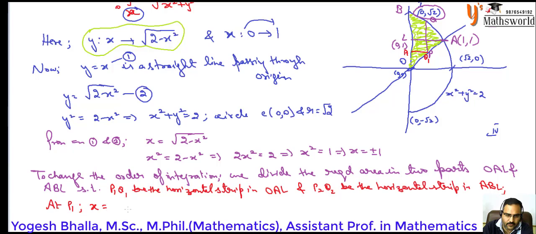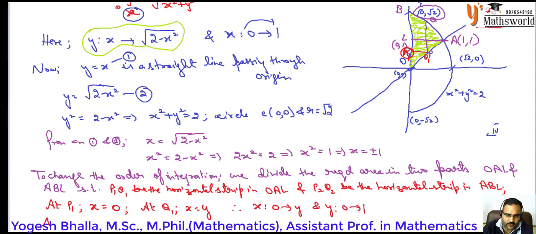Since P1 is lying on the y-axis, at point P1 the value of x will be 0, and at Q1, which is lying on the straight line y equal to x, the value of x will be equal to y. Therefore x is varying from 0 to y, and y is varying from 0 to the point L, that is from 0 to 1.